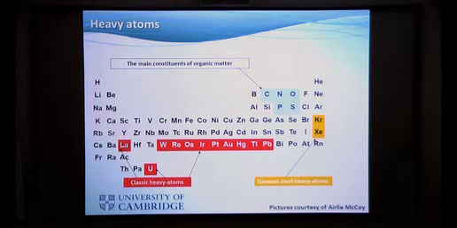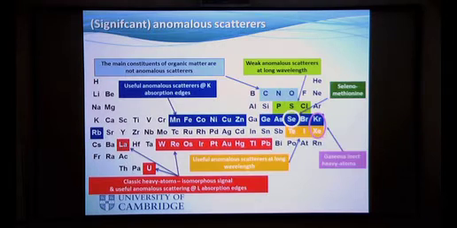First thing is, these are heavy atoms that can be used for isomorphous replacement. You can see there are the classic heavy atoms. And some people also use gases like xenon, often also for the anomalous effects they have. These are the significant anomalous scatterers from the periodic system, and there are quite a lot more of them.